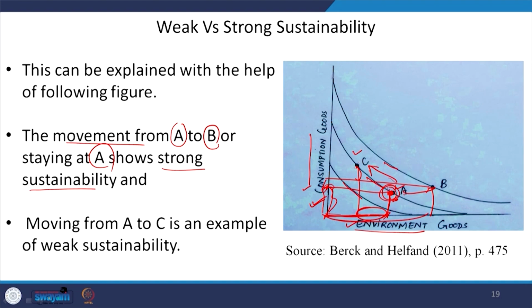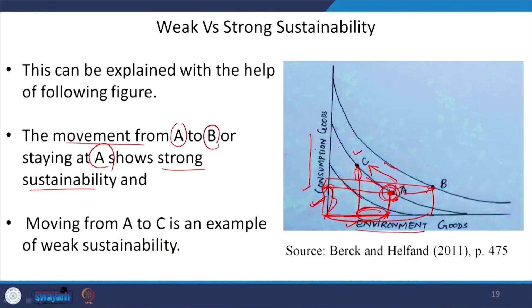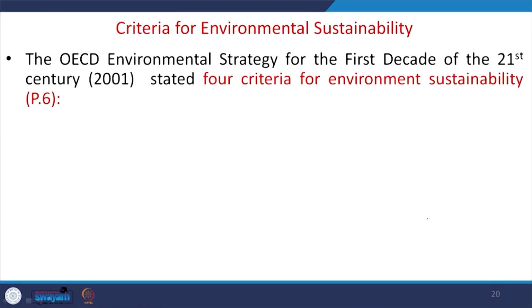So, what you understood is that this is substituted with this, and it is not a matter of concern to the individual, because by giving up environmental goods and getting more consumption goods, he has the same level of satisfaction, since he is placed on the same indifference curve. So, this is the understanding behind the idea of strong sustainability and weak sustainability.